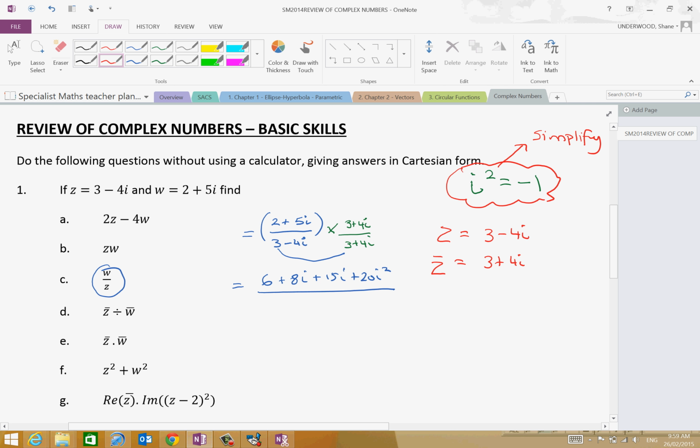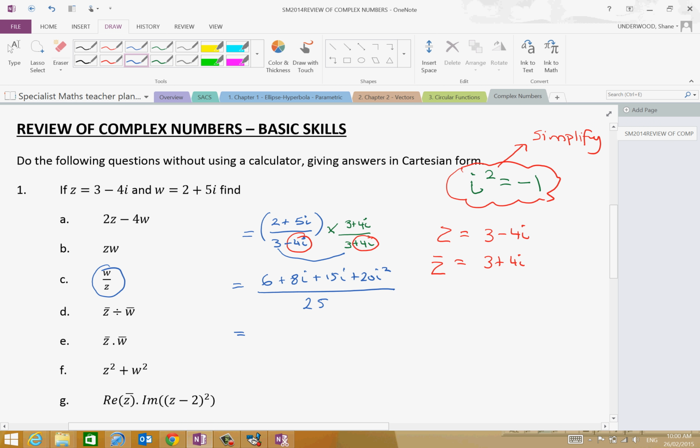If you get that when you're trying to do that and you've still got an imaginary part, then you've done it wrong, haven't you? That's why it is the conjugate. So on the bottom, we know it's going to be 9 minus 16i squared, which is going to be 25, yeah? 9 plus 16 is 25. So therefore, I'm going to now collect.